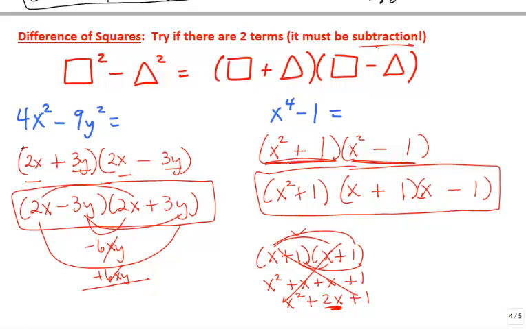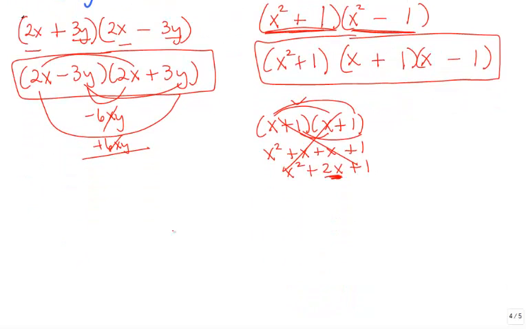So it has to be subtraction when you're doing these problems. Okay, that's really, really important. So you have to have subtraction. So what if I told you that I wanted you to factor x squared plus 4? Could you factor that? In this case, no, there's no GCF, and it is 2 squares, but it's not a difference of 2 squares. So this is what we would call prime.